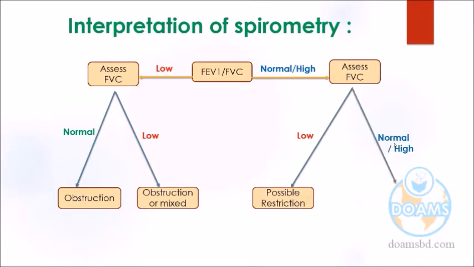But if it is normal or high, it may be a normal lung. So to be confident about the diagnosis of restrictive disease, we expect that the ratio will be normal or high, but forced vital capacity usually low.